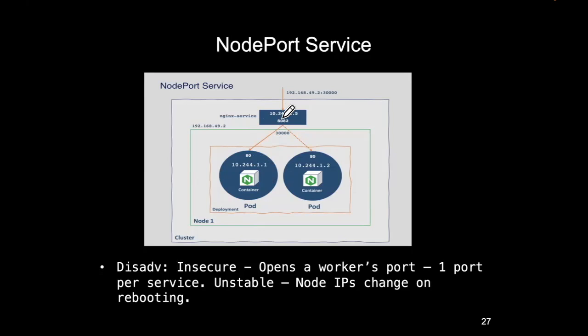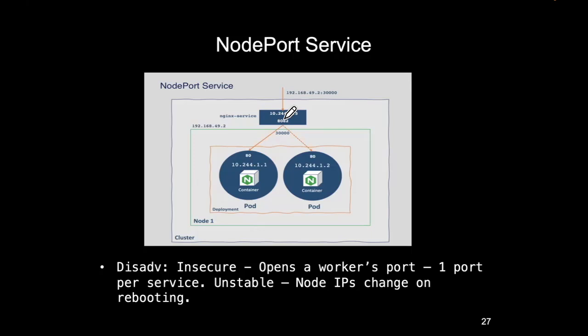Now, when you create the service, and I'll show you the manifest file in a moment, it's very like the manifest file for a cluster IP service, but there's an additional piece of information that you include in a node port service manifest, and it is that you specify a port that you want to expose this service to, where that port will be linked to the nodes, plural, the worker nodes of your cluster.